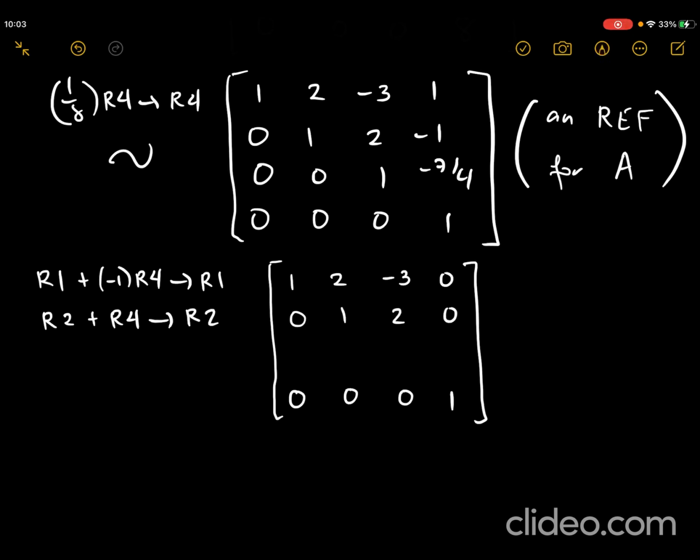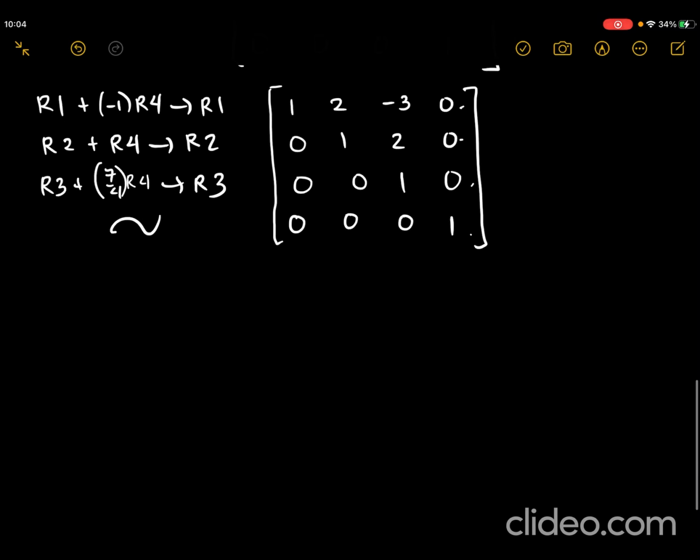To eliminate this entry, we multiply 7/4 to row 4 and add it to row 3. Use the result as the new row 3, so we'll have 0 0 1 0 here. As you can see, we have eliminated the entries directly above this leading entry at the bottom row.